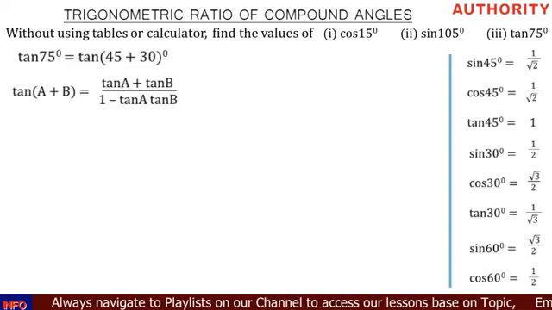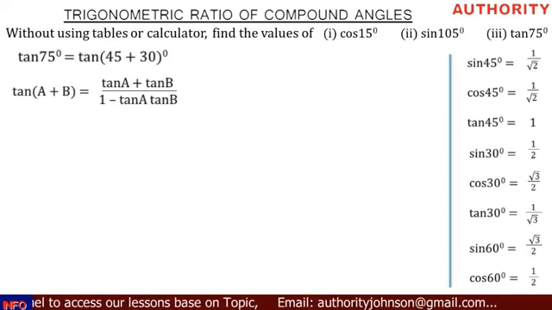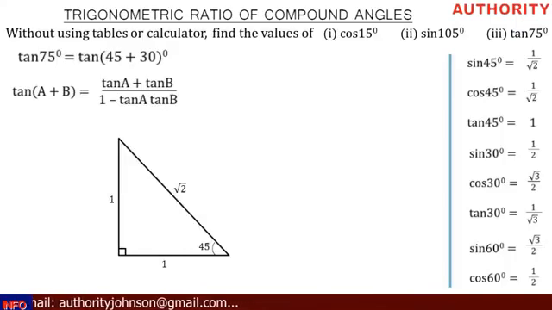And then we're going to use our diagram to find the values for tan 45 degrees and tan 30 degrees. Let 45 degrees represent our A, and 30 let it be our B. Now let's go. In this diagram, when you say tan 45 degrees, you know we have opposite all over adjacent.